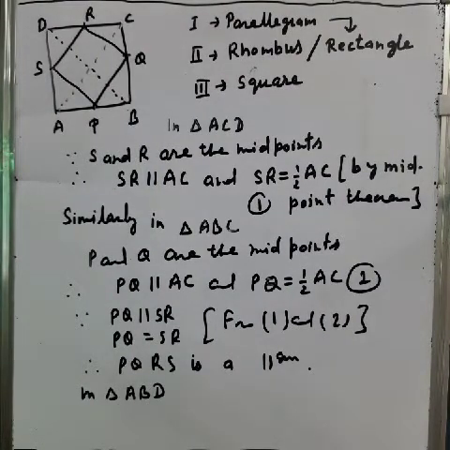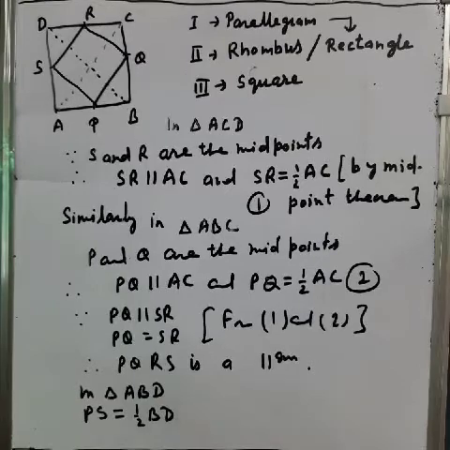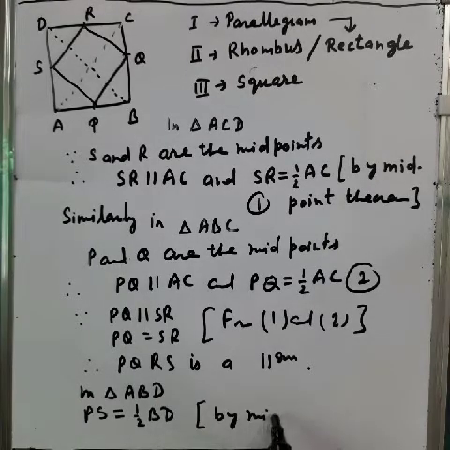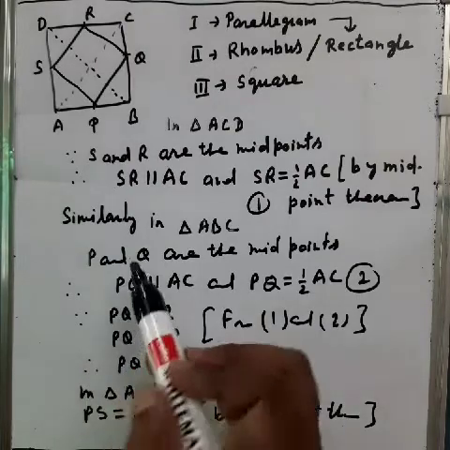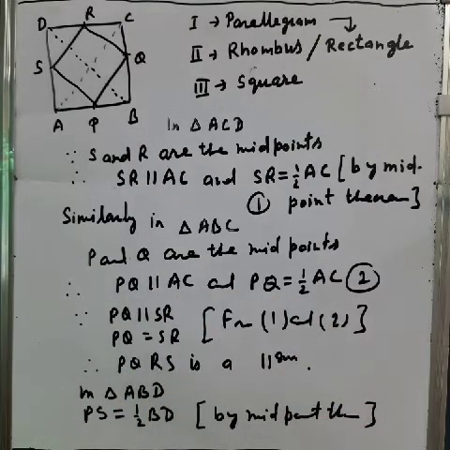In triangle ABD, PS equals half of BD. You write down by midpoint theorem. I am writing directly because two times we have already proved it. P and S are midpoints, so that is why by midpoint theorem I have mentioned over there.